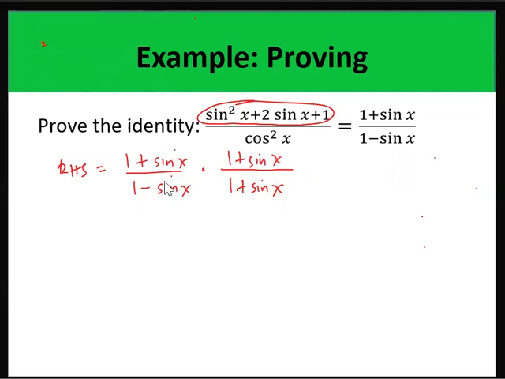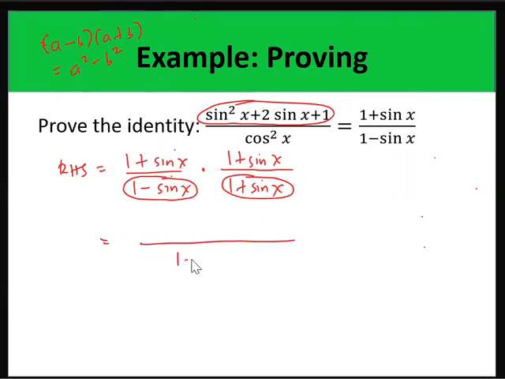The reason for that is for the denominators to be multiplied similar to a minus b times a plus b, which is a square minus b square. So when you multiply them, that will just become 1 minus sine square x. And we can simplify 1 minus sine square x as cosine square x by using the Pythagorean identity. Now in the numerator, we multiply 1 plus sine x times 1 plus sine x.